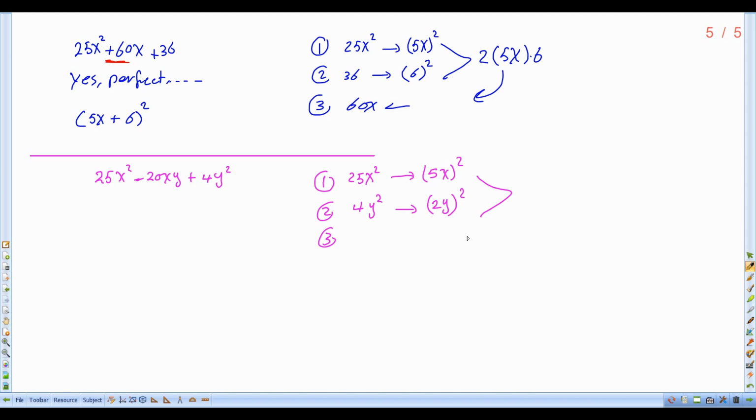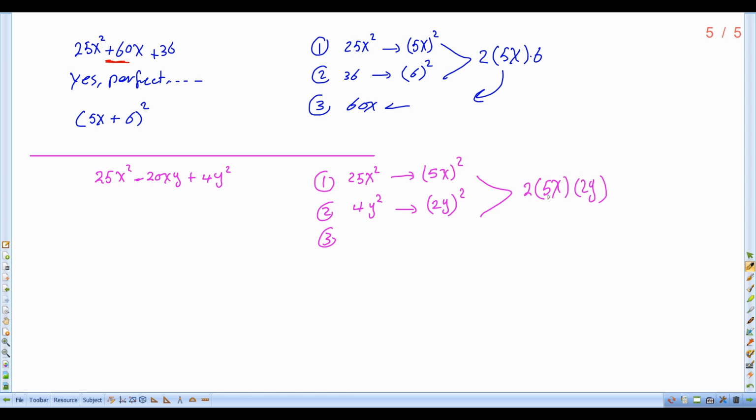Now, is the product of the square root of the first term and the square root of the last term, multiplied by 2, equal to the middle term? Let's check. 2 multiply 5x multiply 2y.